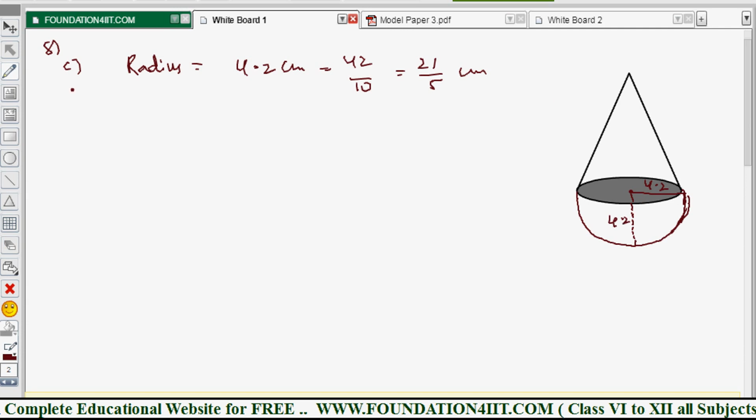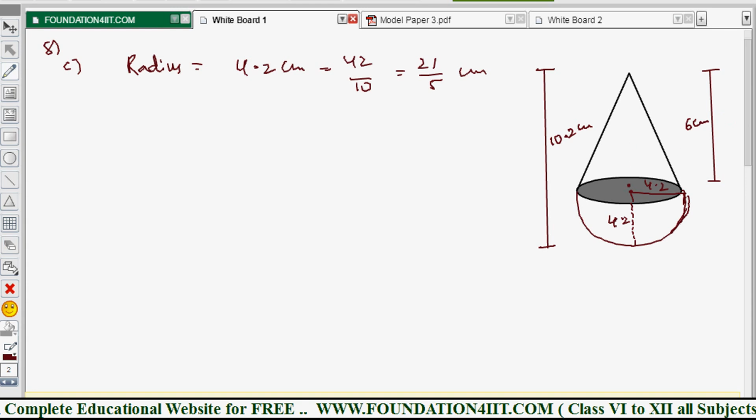And the total height is given, already mentioned. Then we can find the height of the cone based on this. So the total height is 10.2 centimeters. From this total 10.2, if you subtract this 4.2, that is the height of the cone, that is 6 centimeters.